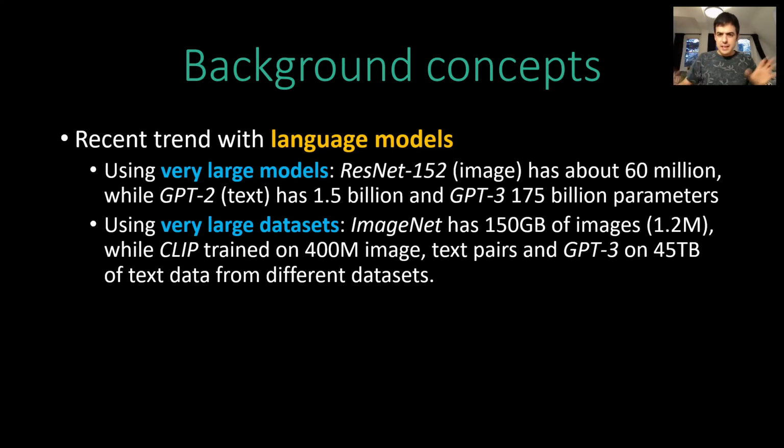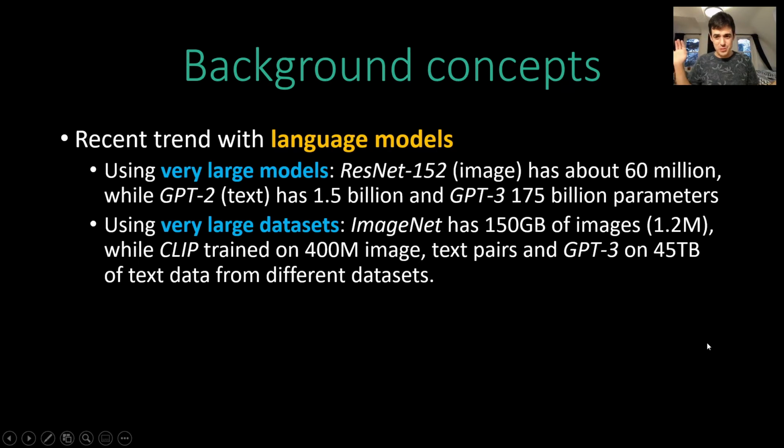Just to put things in perspective, there is this really big model called ResNet 152, which is already really huge. It's almost impossible to use on your own PC. You would use some smaller versions of this in your own projects, because the 152 version is too big, and that has about 60 million parameters, while the text generative models, namely GPT-2, has 1.5 billion, and then GPT-3 has 175 billion.